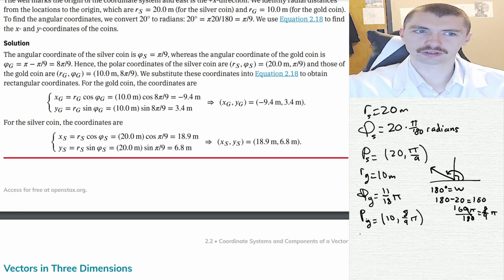So the x for the silver coin is 20 cosine pi over 9. So we're converting polar coordinates to rectangular.